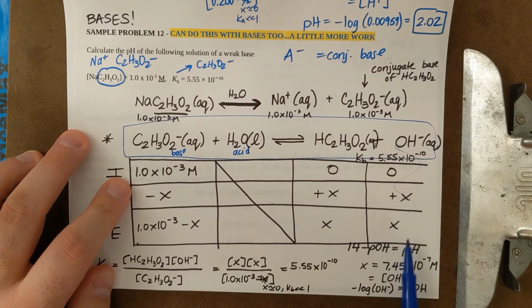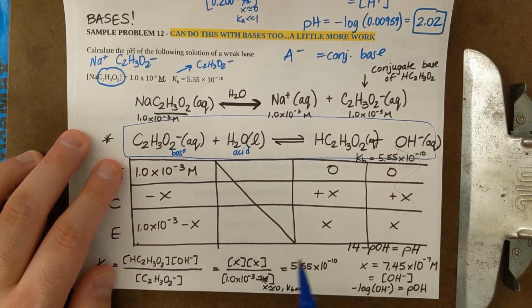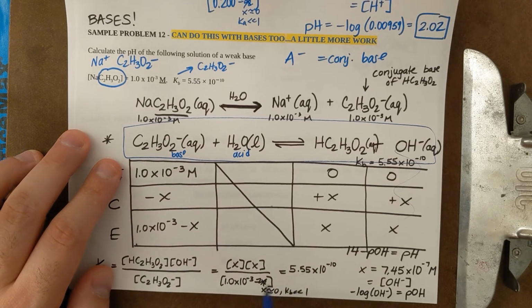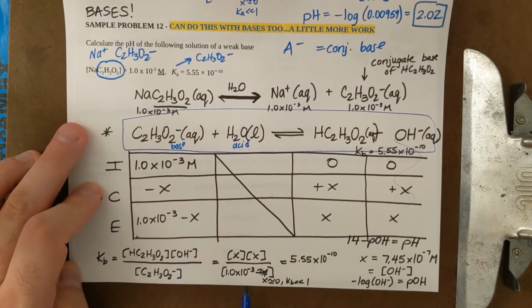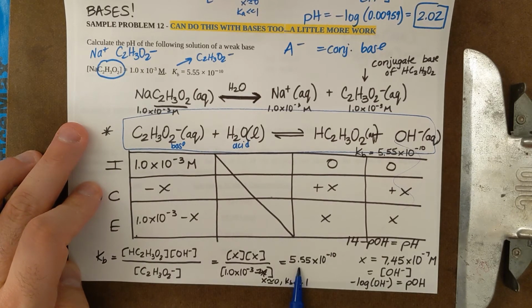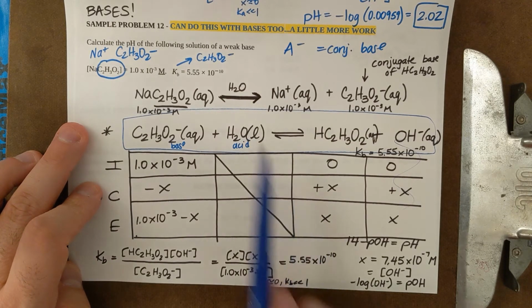So if I take the negative log of this value of X that I get at equilibrium, the same way as we did in sample problem 11, that's going to be pOH. If I subtract it from 14, that's going to be pH. And so I did that. I gave you an initial concentration, I solved all of this, I plugged it into my Kb expression, and I got this number, 5.5 times, oh, that's actually equal to the Kb. Then I solve for X.